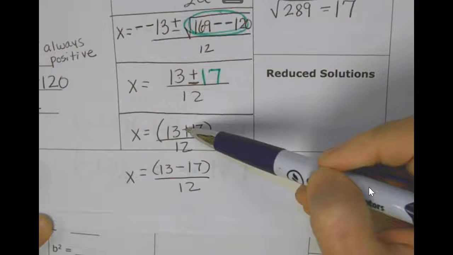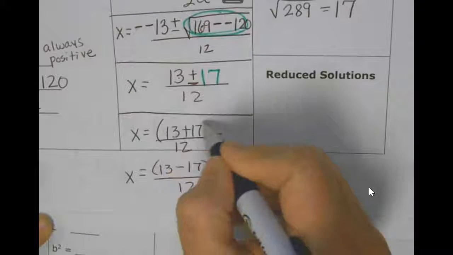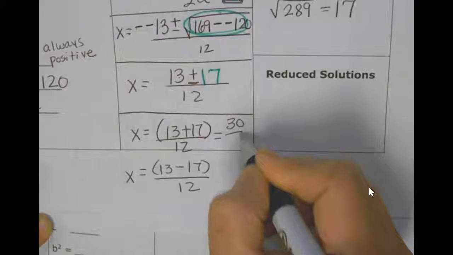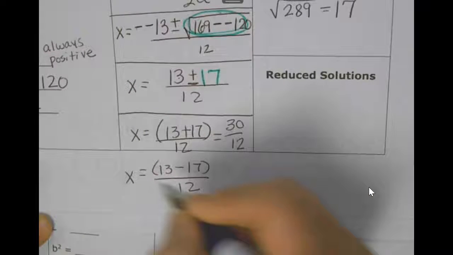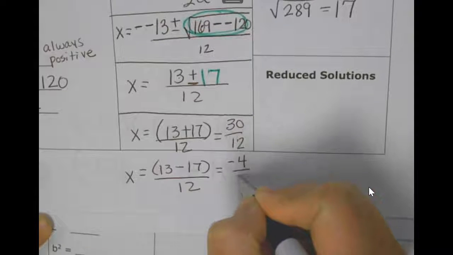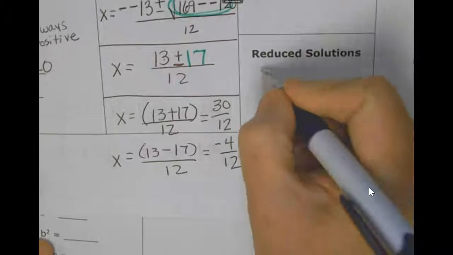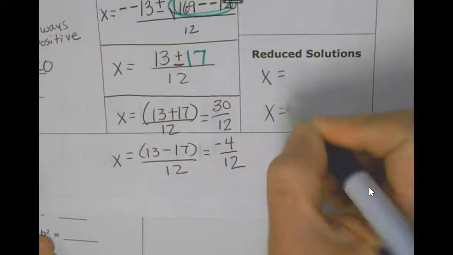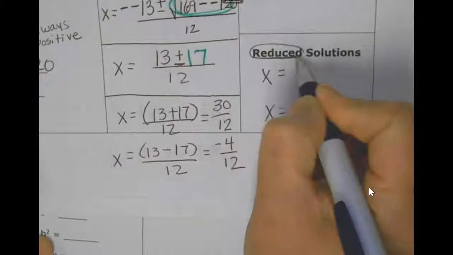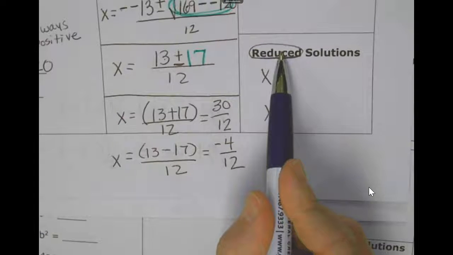You add the 17 and you also subtract the 17. If you add that together, you get 30 divided by 12. 13 subtract 17 is negative 4 divided by 12. There will be two answers. And what does this say right here? Reduced.